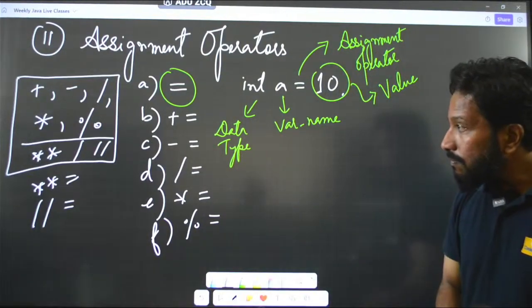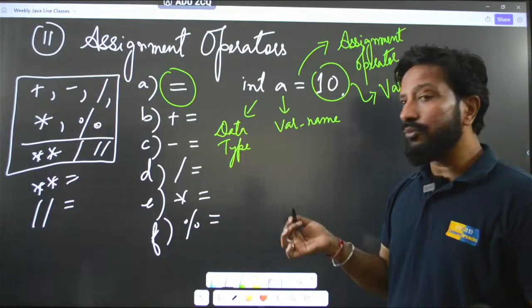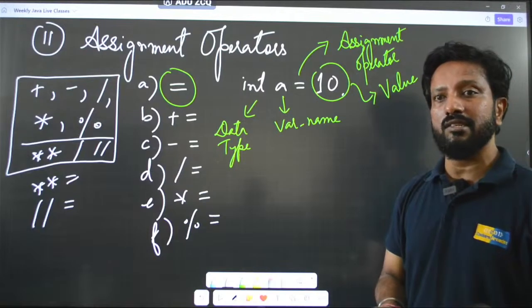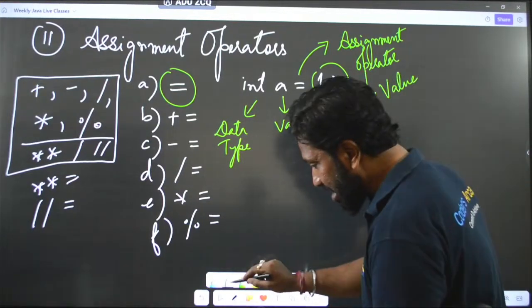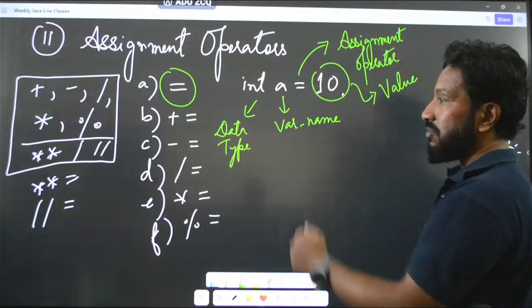Now there is a very important interview question which you might not know and which is very frequently asked in the multinational companies for placement drives. Okay, so sometimes they will ask you something like this: what is the other name given for assignment operators?